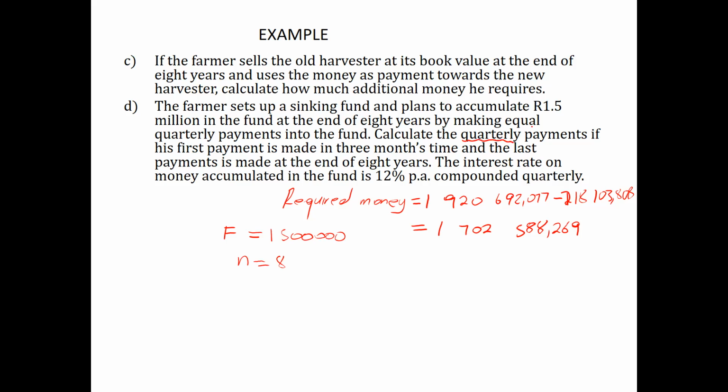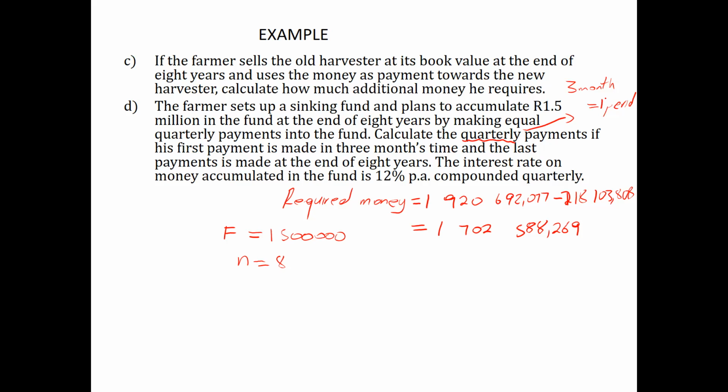You need to understand that when they talk about quarterly, they're talking about a period of 3 months. So 3 months will be equal to only 1 period, okay? Meaning that 6 months will be 2 periods. 9 months will be 3 periods. So basically that's how we're going to calculate it. So your payments will be made after every 3 months.